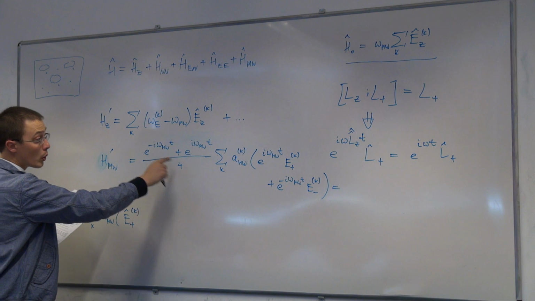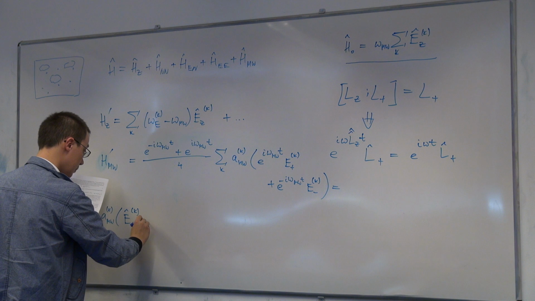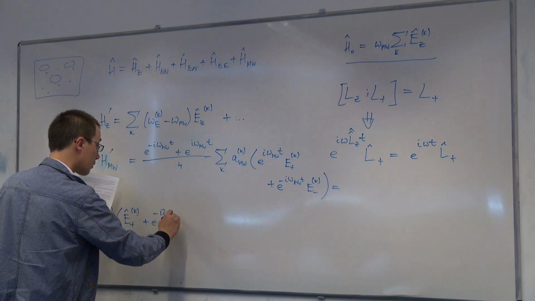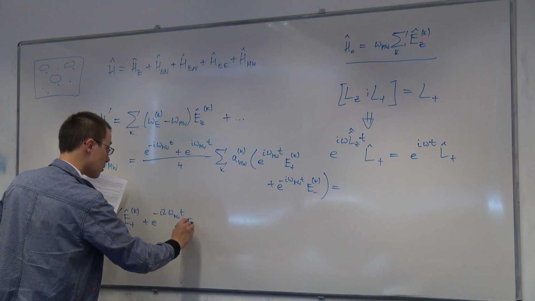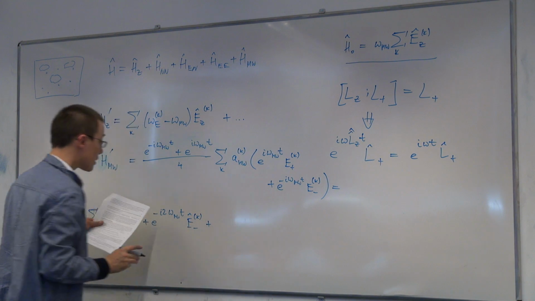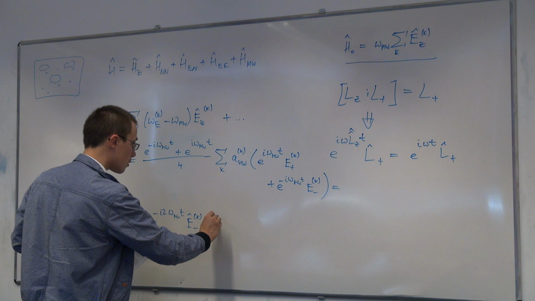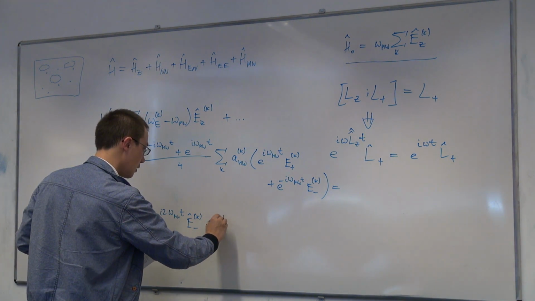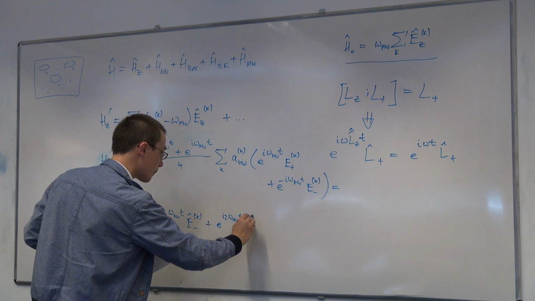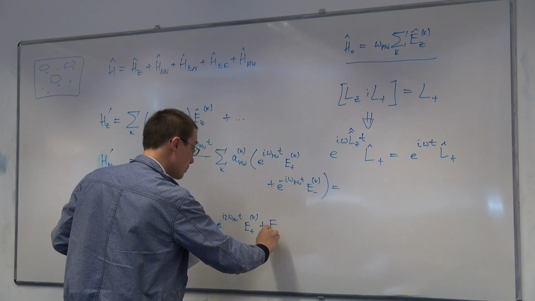Then this will not cancel with this, it will just double, so we do have e^(-i 2 omega_microwave t) acting on E minus. Then another term with double the frequency, but of the opposite sign: e^(i 2 omega_microwave t) E plus k, and then plus E minus k.